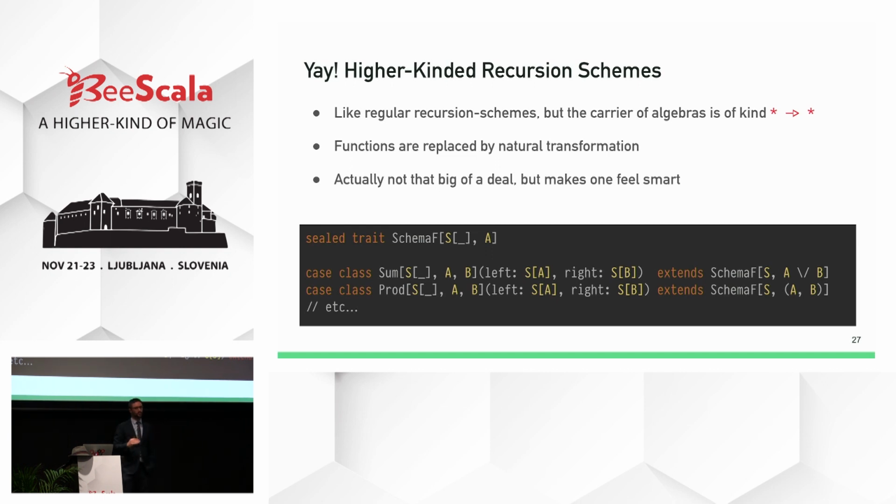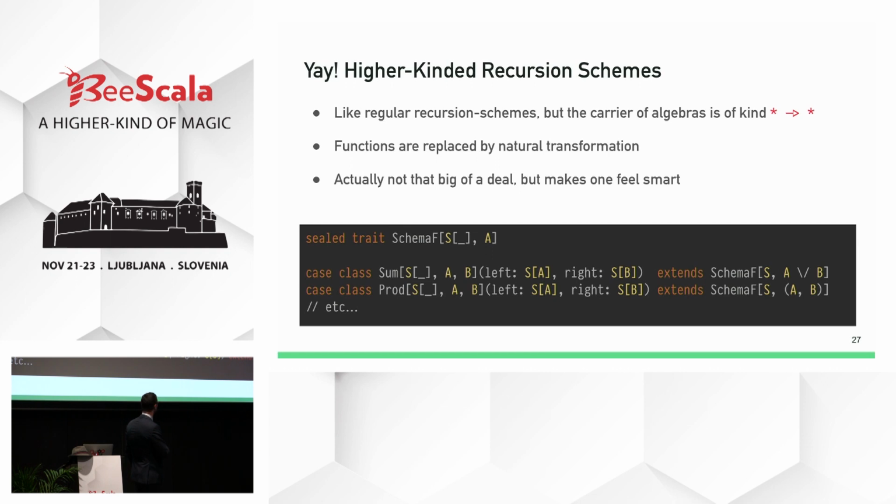Here, we need to go one kind higher because we need to know that the left branch is about an A and the right branch is about a B. And we end up with this encoding here. So it's not the full schema F ADT, but the important part.